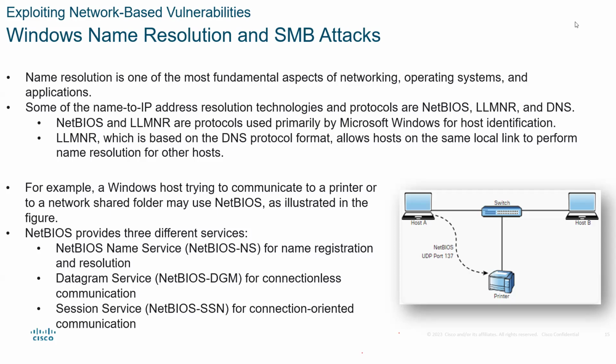So a Windows host trying to communicate with a printer, or a network shared folder, may use NetBIOS as illustrated in the figure. In this figure here, we have a printer, that's a host, and it has an identity. So it's trying to reach this particular printer. Now, a session needs to be created between this host and the printer.